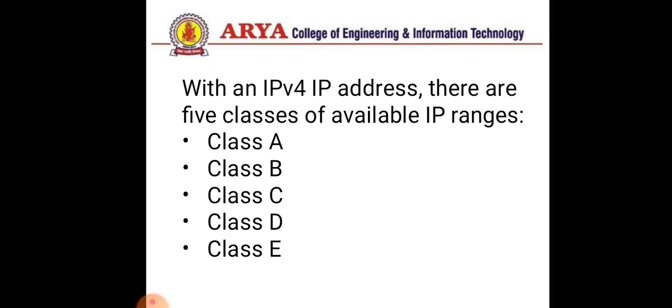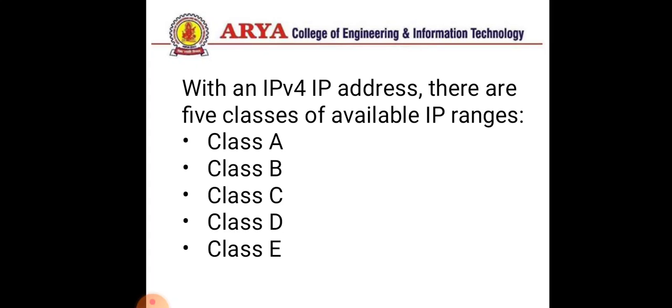The network field can be a number between 1 and 126. After that, class B: the first two bits are 10, indicating a class B network address, and the network field is 14 bits long and the host field is 16 bits long. The range of class B addresses is from 128.0.0.0 to 191.255.255.255.